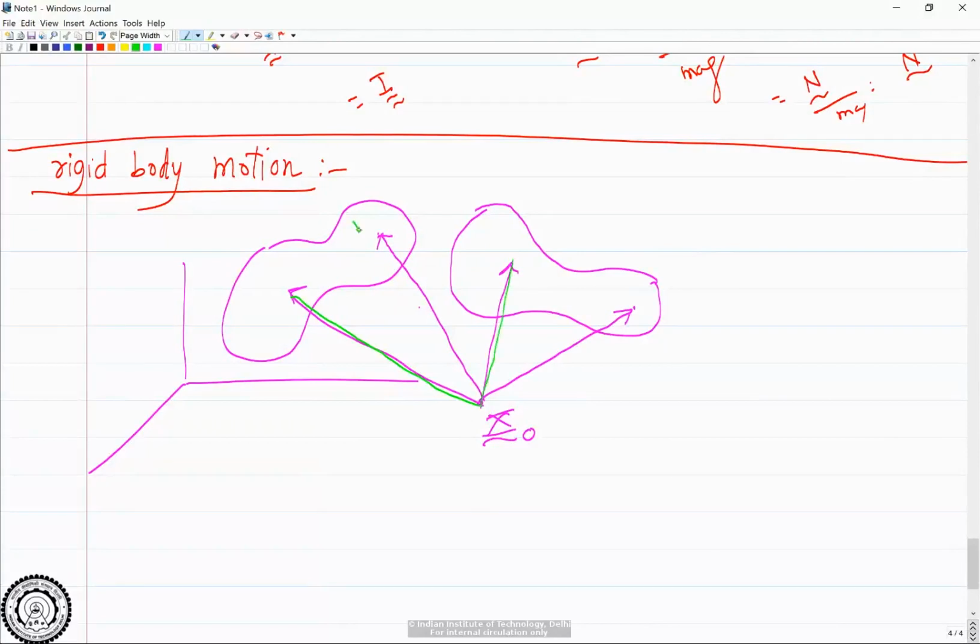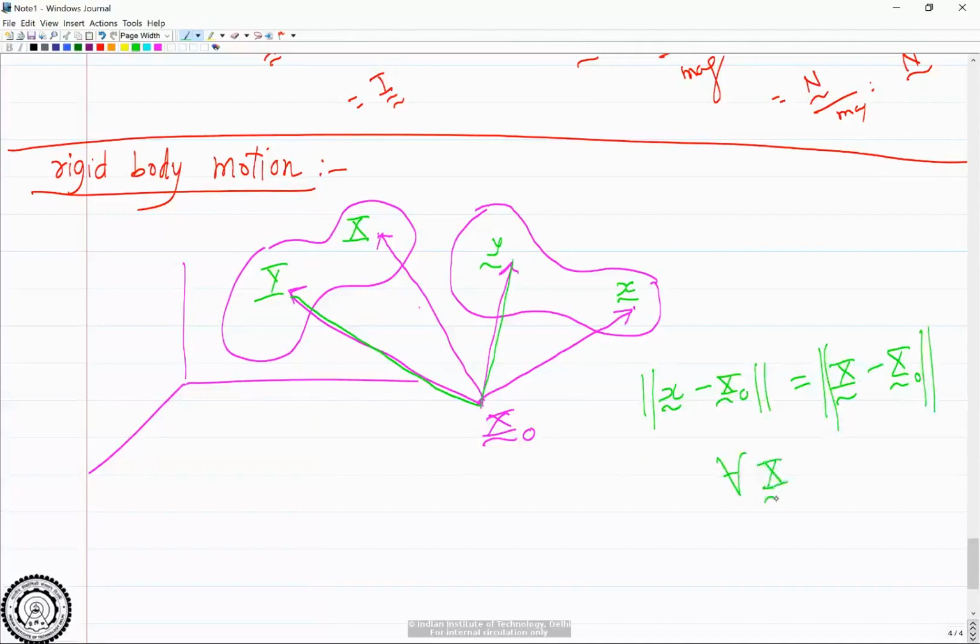So if this is capital X and this is capital Y, this is small x, this is small y, then the magnitude of small x minus capital X naught will be same as capital X minus capital X naught. And this holds for all capital X in the body.